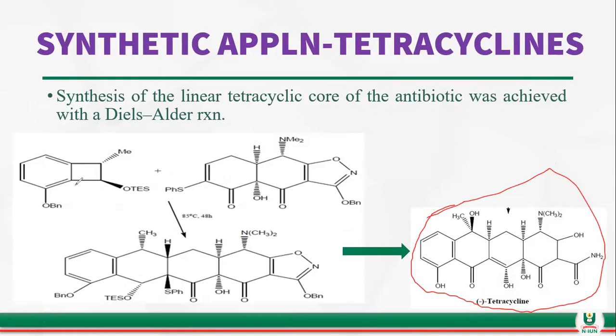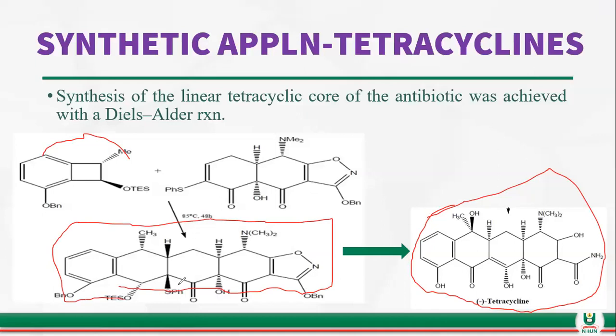And here you can see the essence of diene and dienophile coming up to close up these two bulky molecules in order to have the intermediates that can easily be transformed to the final tetracycline product.